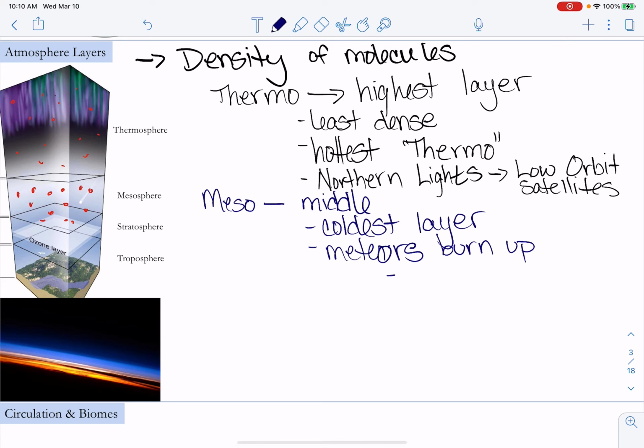So the meteors burn up because we have enough friction to produce heat. When you rub your hands together really fast, it gets warm, right? Well, that's friction. There isn't enough stuff rubbing up against each other until you hit the mesosphere for things to start burning up. So that's the mesosphere.